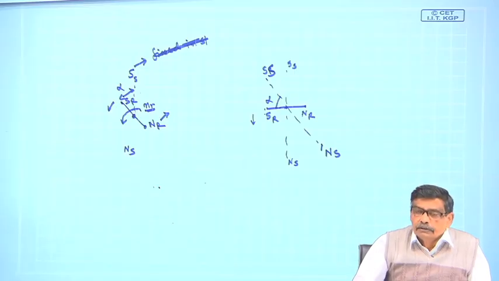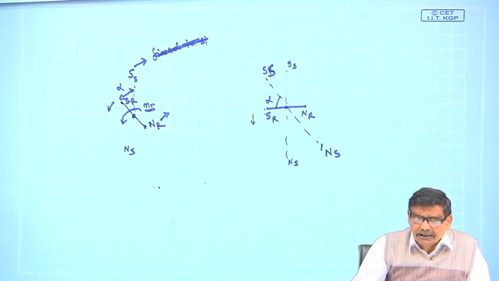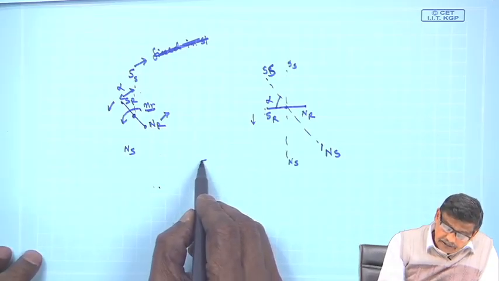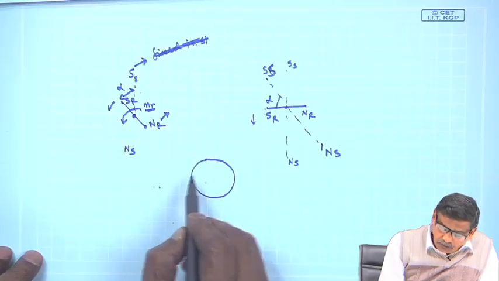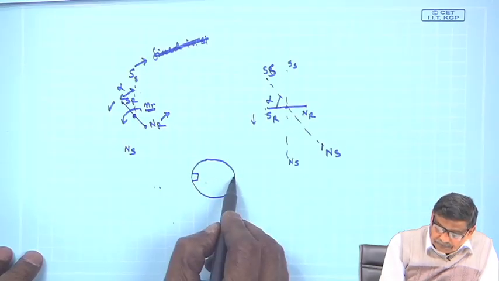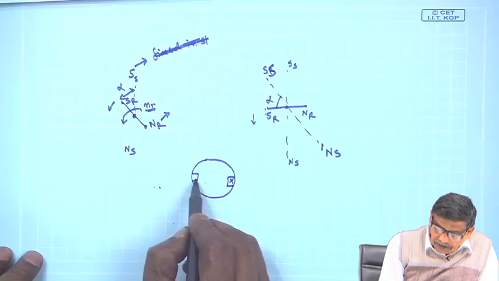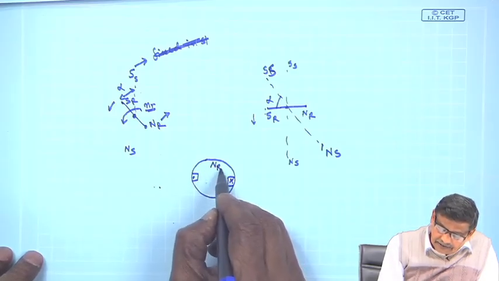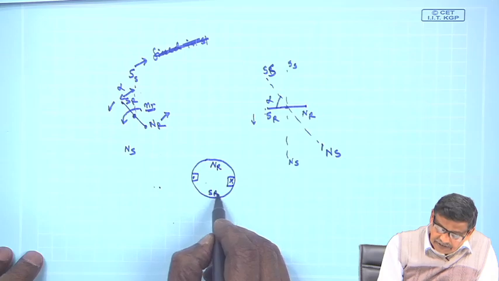At this point, one important thing should be understood, which we are often forgetting. For example, suppose you have rotor coils, cross dot current, and this will become NR and SR, is it not?